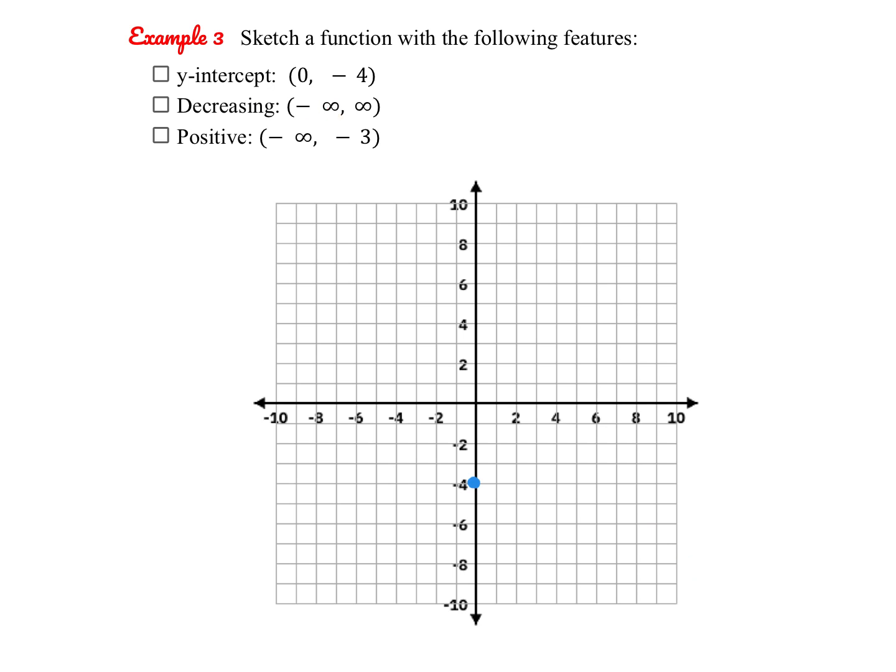And it says that our graph is positive, meaning above the x-axis, from -infinity to -3. Again, that's the interval of x. So that tells us at -3, our graph is crossing the x-axis because it is no longer positive after -3.